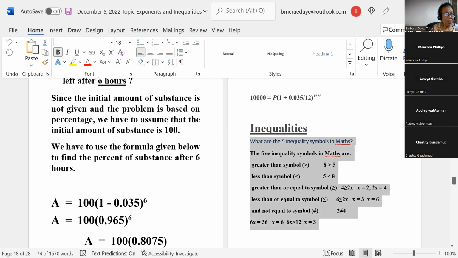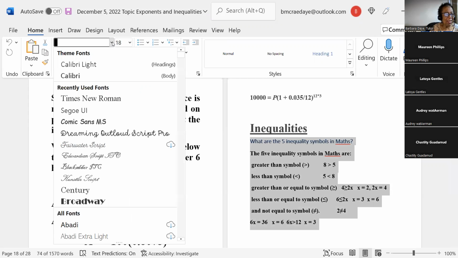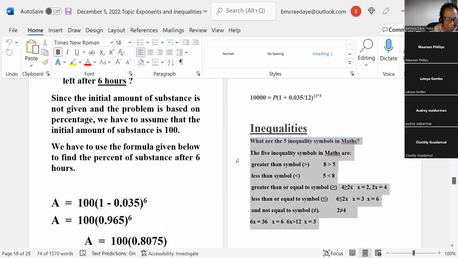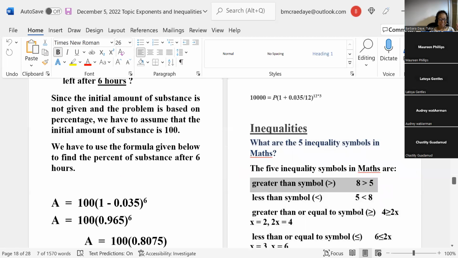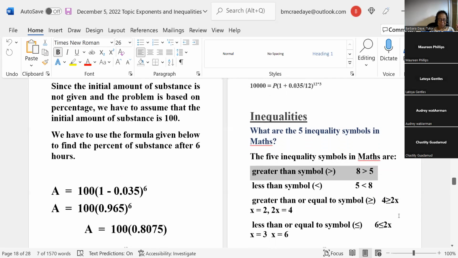Equal is not an inequality. Inequalities mean you don't have an equal. You have greater than, less than, greater than or equal, less than or equal, and a not equal.